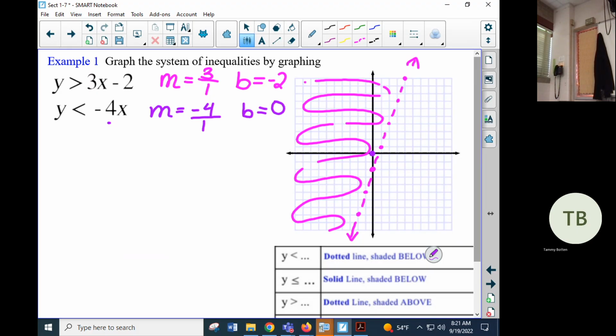And if it's -4/1, remember if it's negative, you go down and to the right. So you go down 1, 2, 3, 4, right 1; down 1, 2, 3, 4, right 1, which is the same as up 4, left 1, up 4, left 1. Now, this again is going to be a solid line, so make sure you pay attention to that.